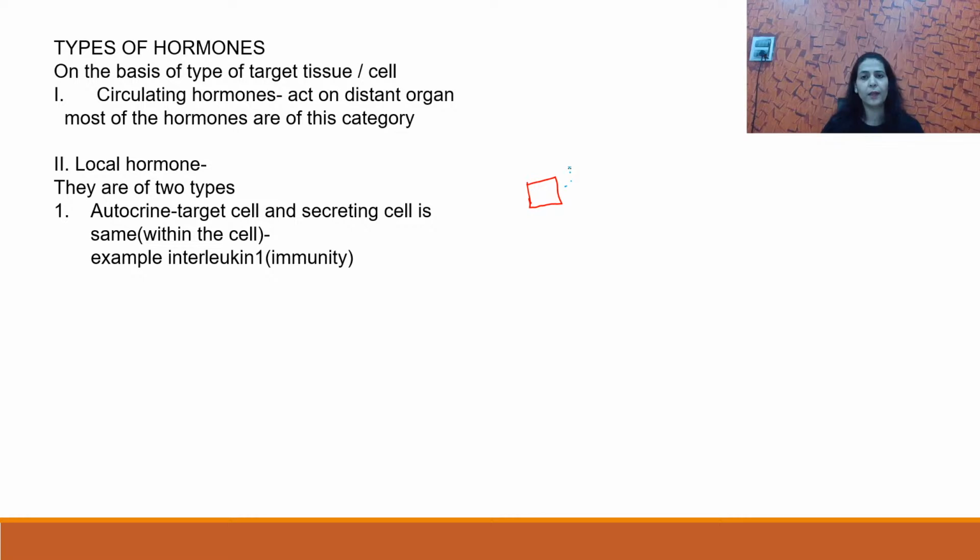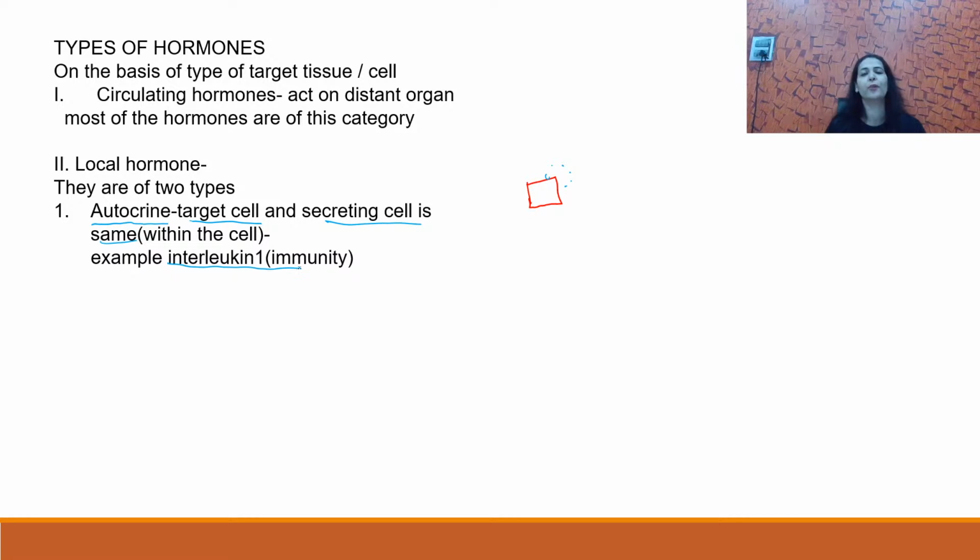This hormone is secreted and is acting on the cell itself. Such a hormone is known as an autocrine hormone, which means the target cell and the secreting cell are the same.